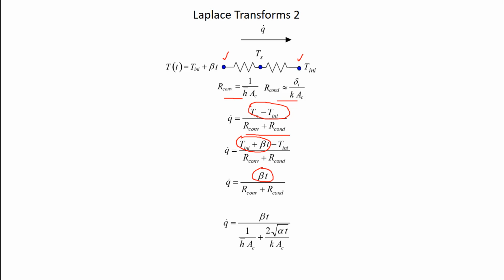This is my temperature difference between the material's initial temperature and the fluid temperature, right? My temperature difference is growing linearly. And then I have R convection, which is this fixed value, and R conduction, which is this increasing value with time, right? So there's my very approximate model for how the heat transfer should behave.